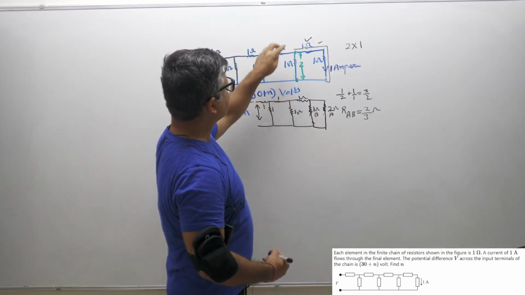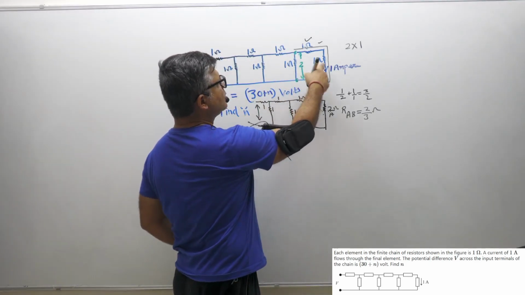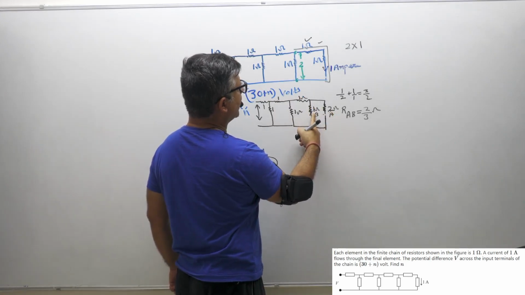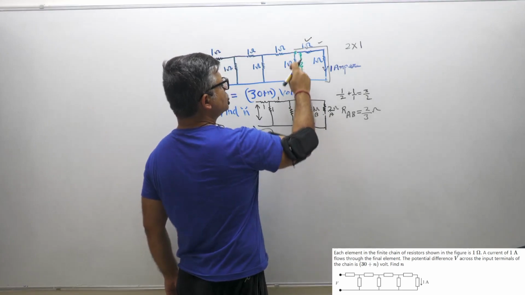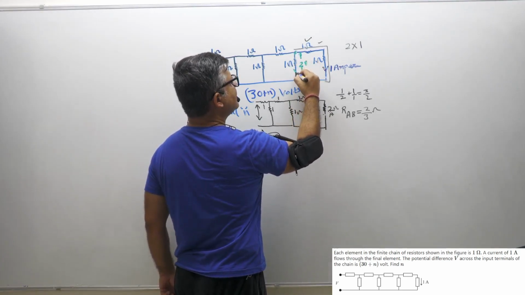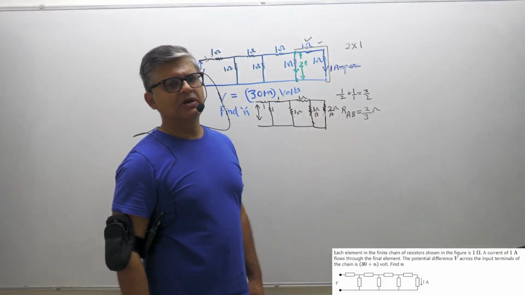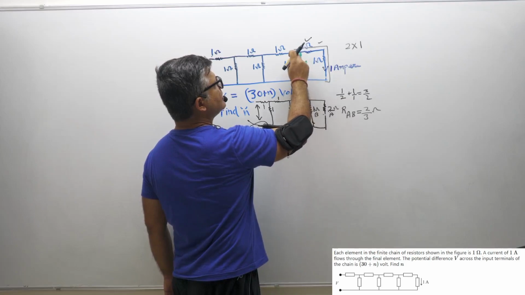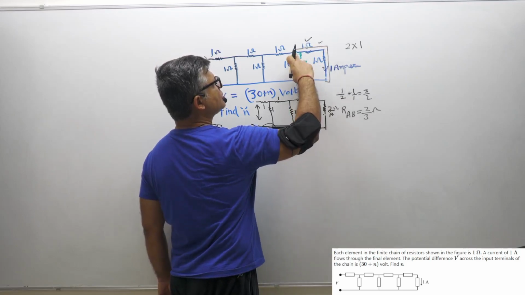This circuit is in parallel to this circuit as we had seen here. 2 ohms is in parallel with 1 ohm, so the potential across 1 ohm is also 2 volts. So what is the current here? These two are in parallel, the potential drop here is 2, the potential drop here is 2.